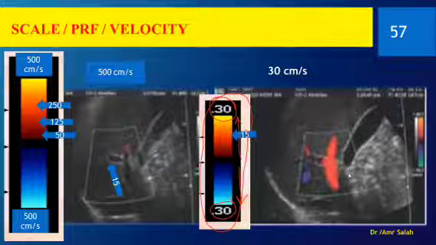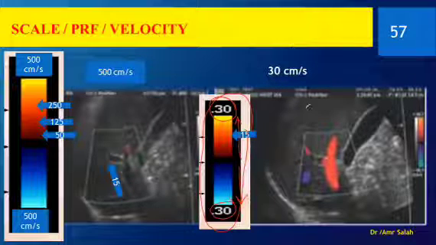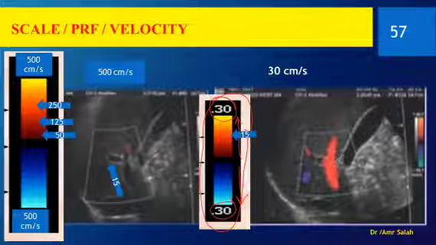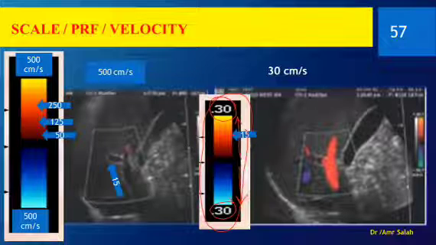So here the color in this vessel is what? Let's see how it is depicted on the color map. It is almost dark red, so that would tell us that the velocity here of the blood is around the middle of 30. That would give us like 15 centimeter per second, so it lies around in here.